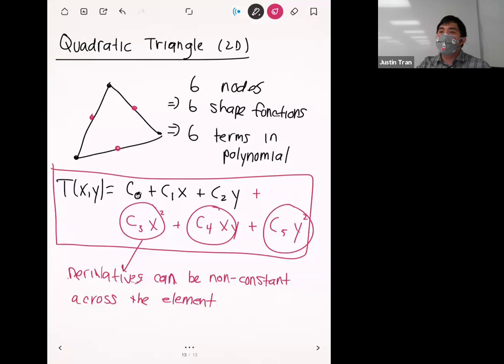Question: how come we consider the mixed term here quadratic, for the quadrilateral? Good question. Technically, this term is still pseudo-linear, but pseudo-linear is also still quadratic. How we choose these terms is based on, I think it's called, Pascal's triangle.